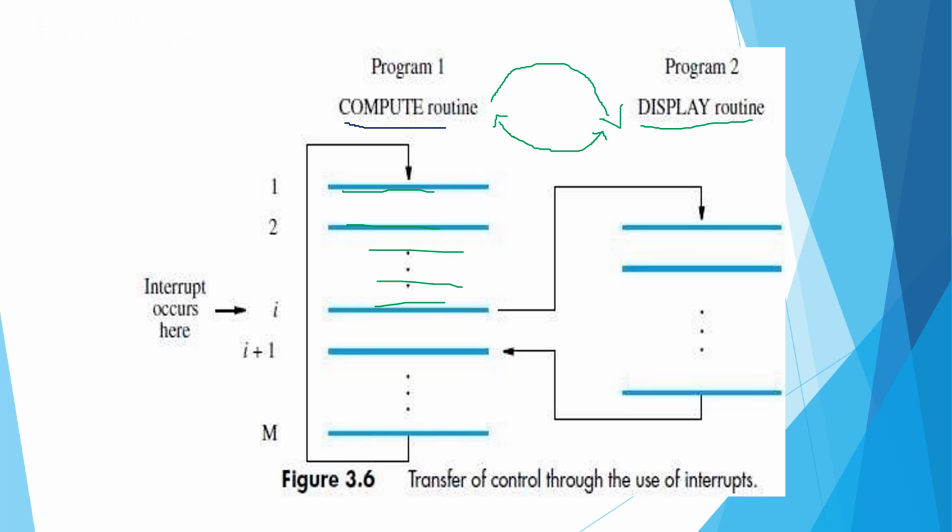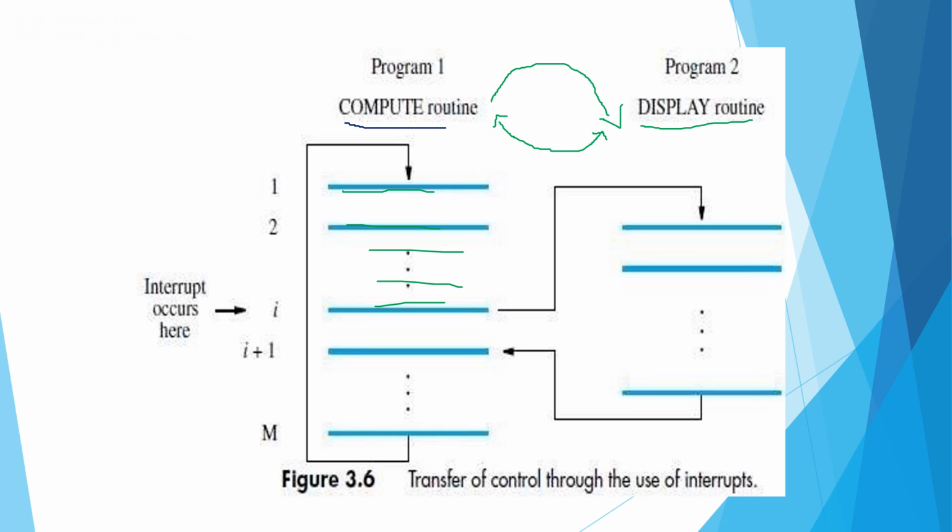Now instead of waiting for the line to be printed, the print routine is suspended and the execution of the compute routine is continued. Whenever the printer becomes ready, whenever the display or printer is ready, it alerts the processor by sending an interrupt request line.